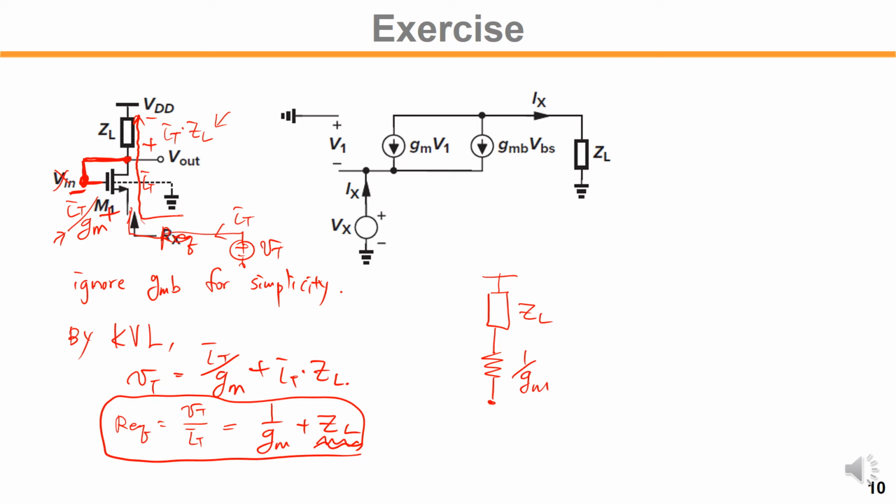As you compare with the previous example, in that case the gate is connected to AC ground. In that case, no matter what the GL is, R equivalent is 1 over GM, right? But here it is 1 over GM plus GL.